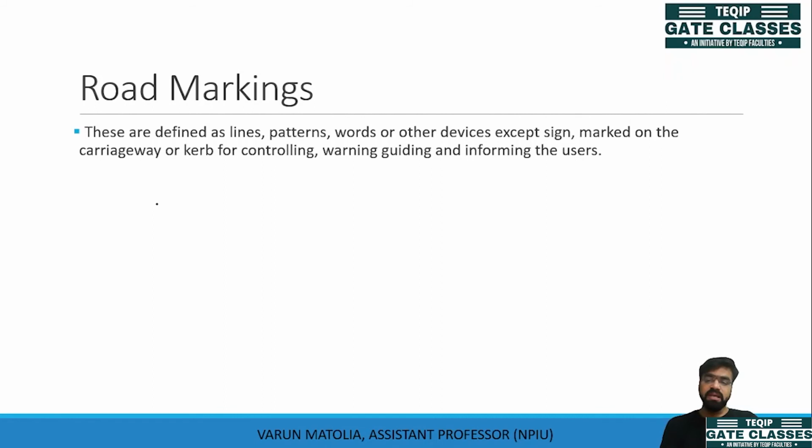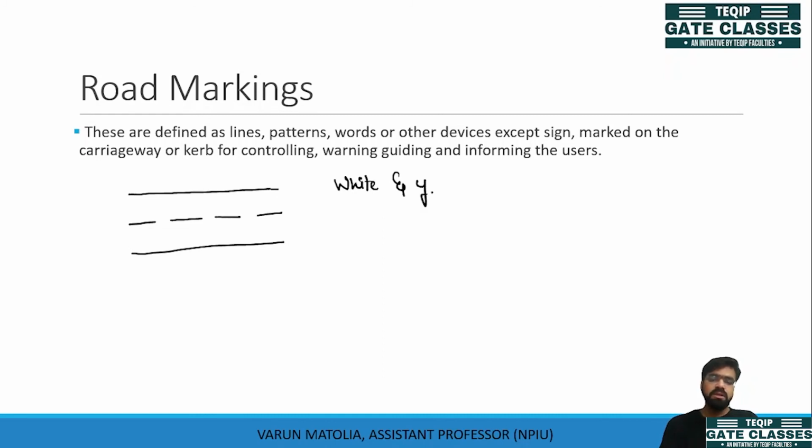All of you have seen these solid lines on both sides of the traffic road, and these dash lines on the road. They are provided in white and yellow color.